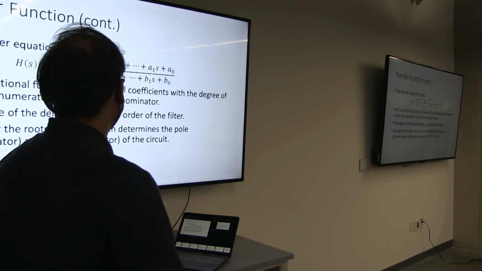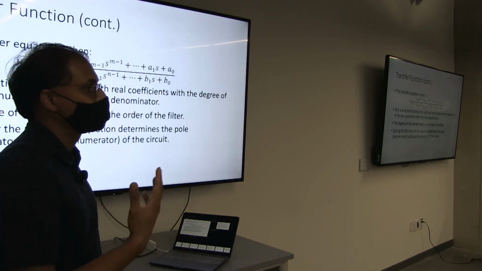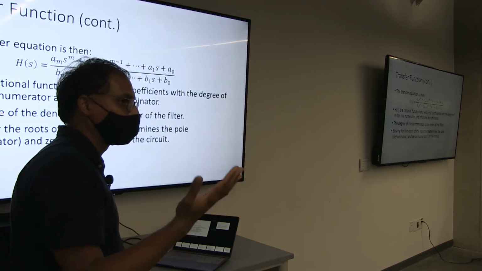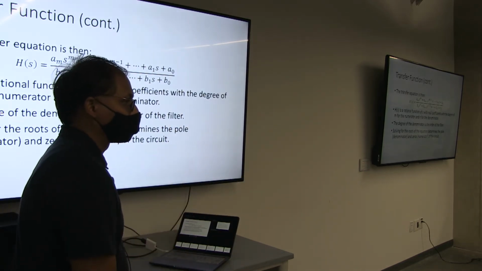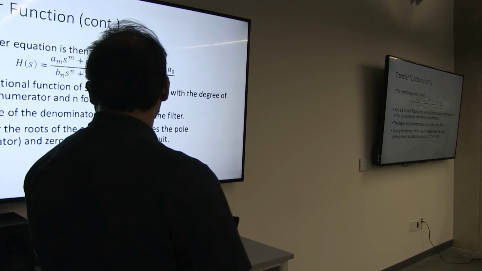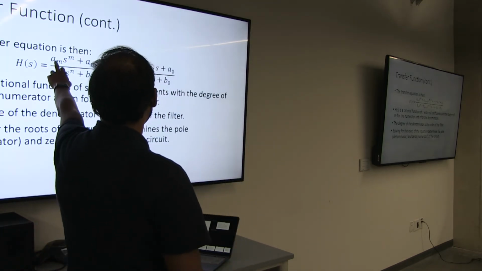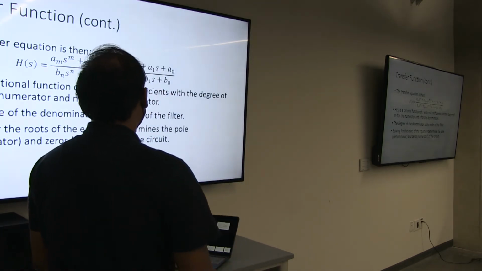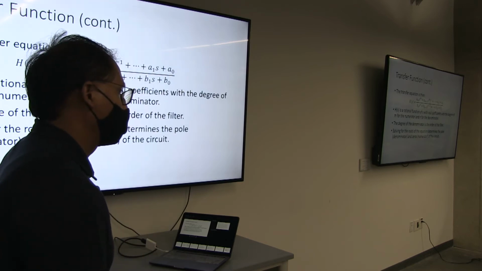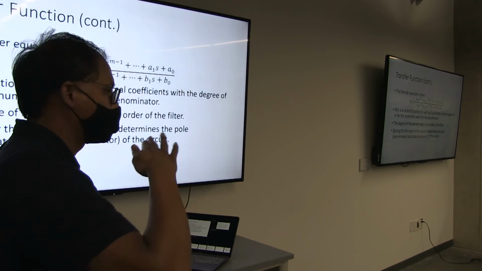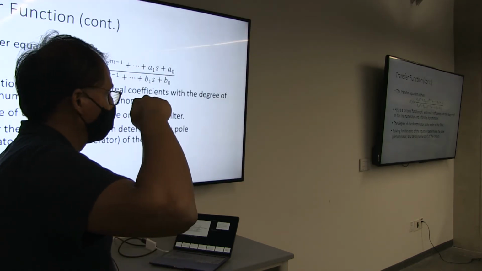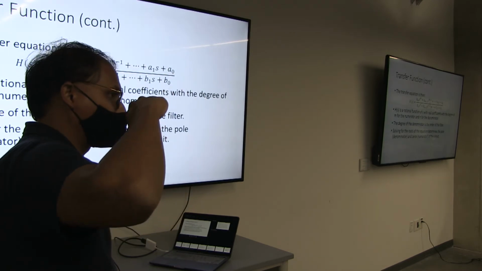If n is 2, the filter is second order. And again, this is giving us the roll off of the filter. And this is giving us the zeros. So zeros is again giving us the rate at which the transfer function will go up.